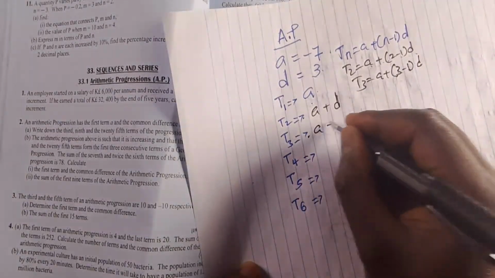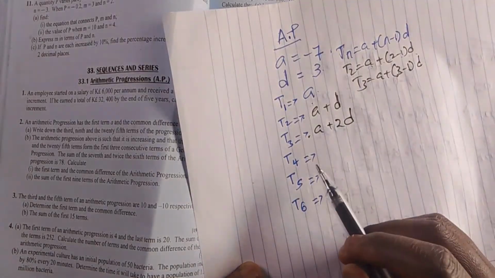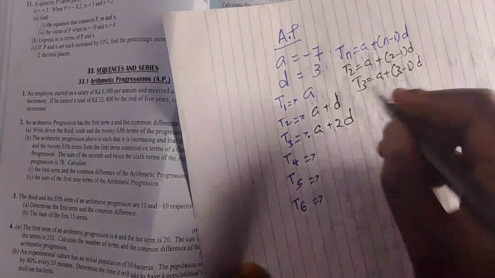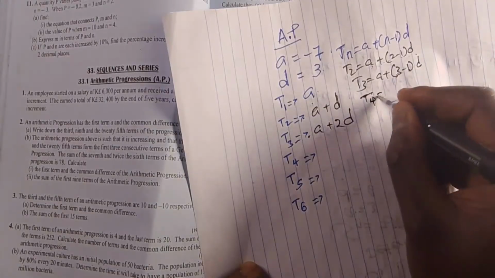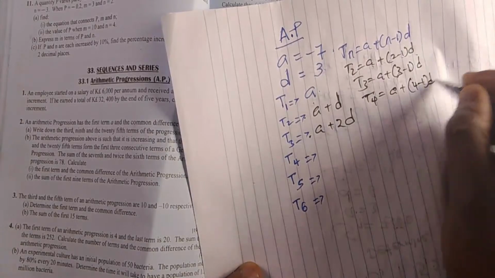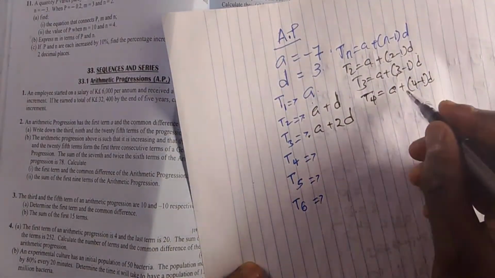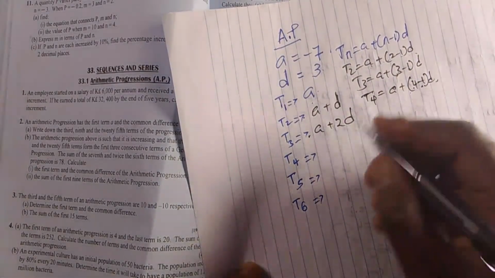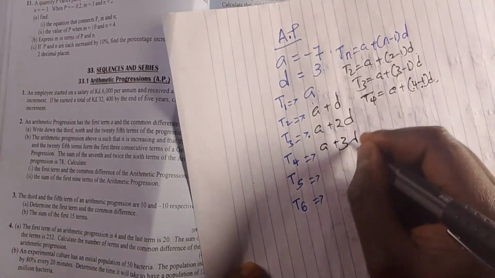So T3 is A plus 2D. Then T4 is A plus 4 minus 1 D, 4 minus 1 is 3 times D, 3D. So it is A plus 3D.